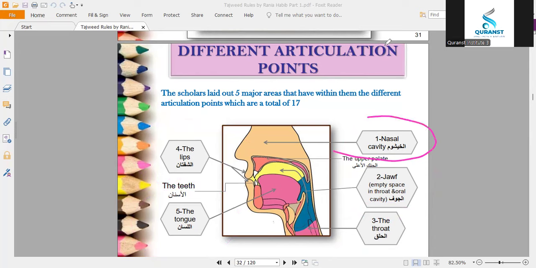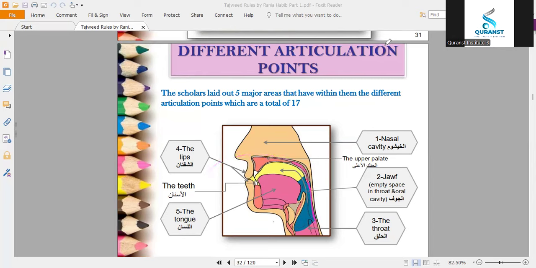The first place is al-khayshum. Al-khayshum means the nasal cavity or the nose. If we want to pronounce some letters, we can find part of these letters comes from the mouth, and the rest of it comes from the nose.